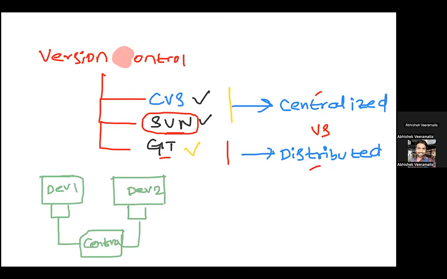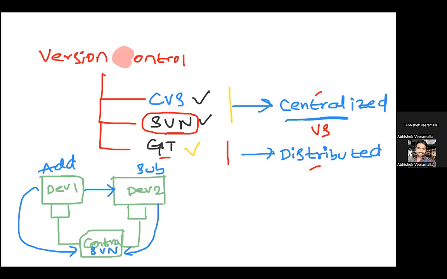If I go back to the previous example, let's say I was writing addition functionality and somebody was writing subtraction functionality. To share this addition functionality with Dev 2, the only way I could do it is to share it to SVN, and then Dev 2 will pick the same changes from SVN. That's why it's called a centralized version control system. That means everything used to happen from a central place, and that central place is nothing but your SVN.